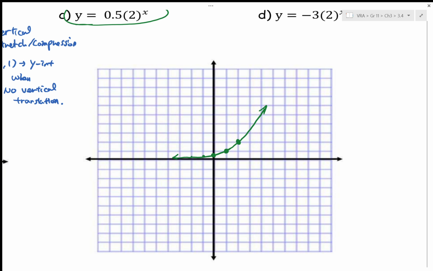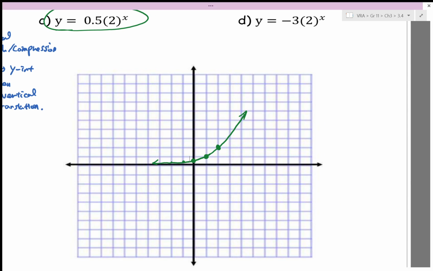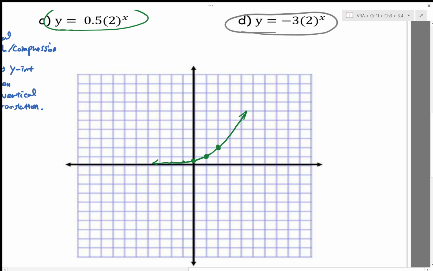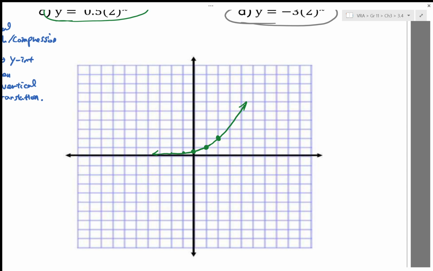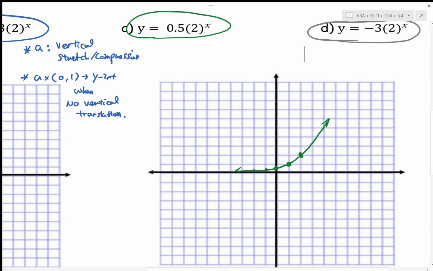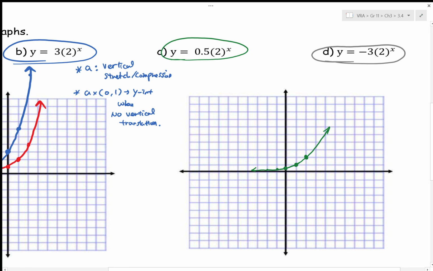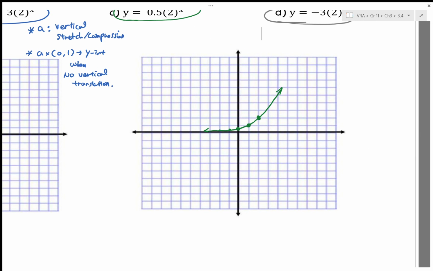Now if it was negative 3, this time I'm going to use gray. This one flips it and then stretches vertically. We already had y equals 3 times 2 to the power of x, and then we flip that along the x-axis. So that gives us the reflection on the x-axis.